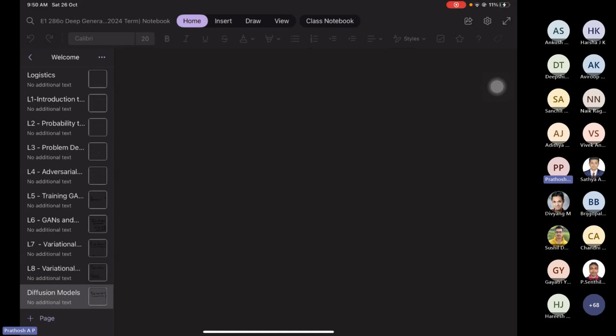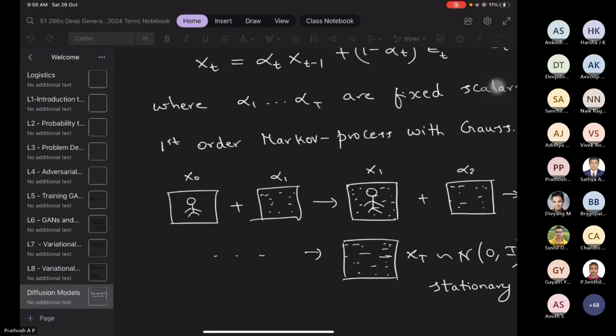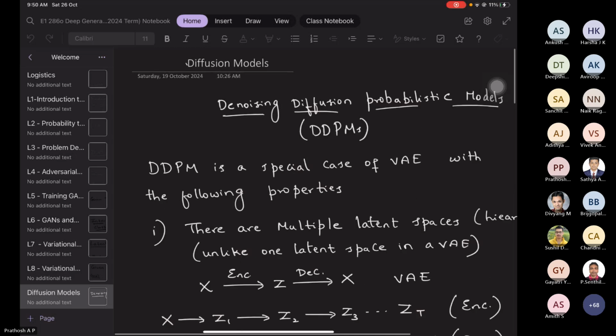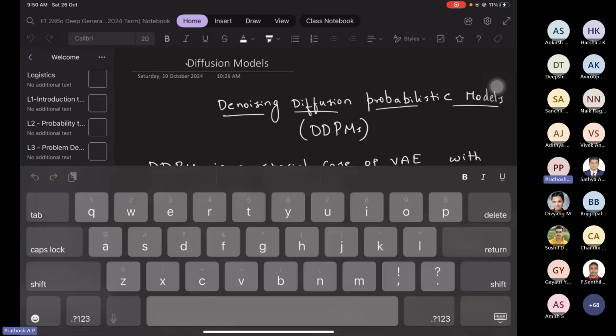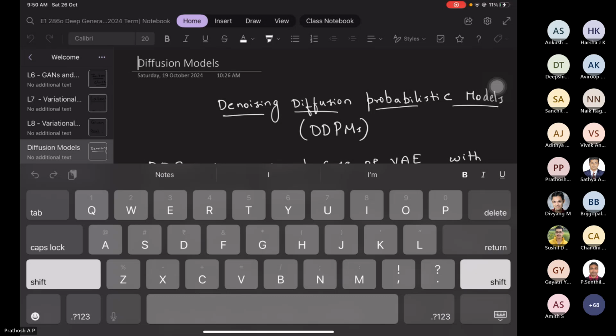So how many quizzes are done now? 4. Yes, sir. 4 are done. So we need 2 more. We can do a streak. Let me look at the calendar. 2nd, 9th, and 16th.